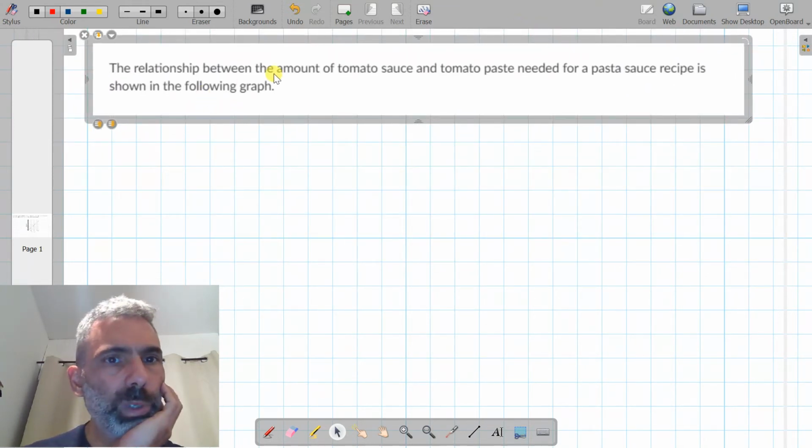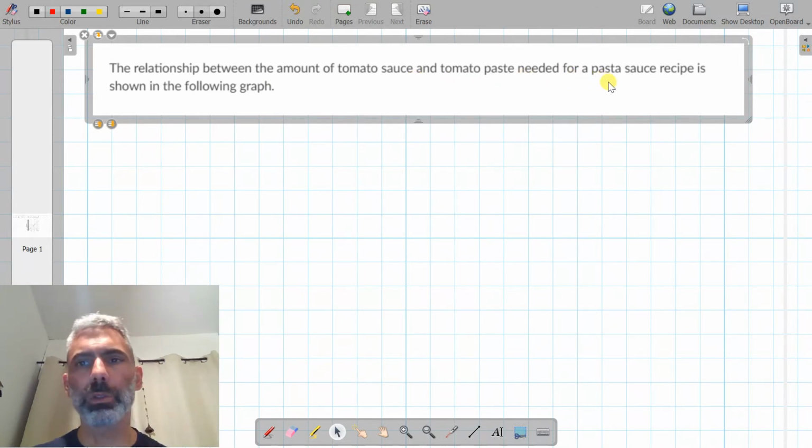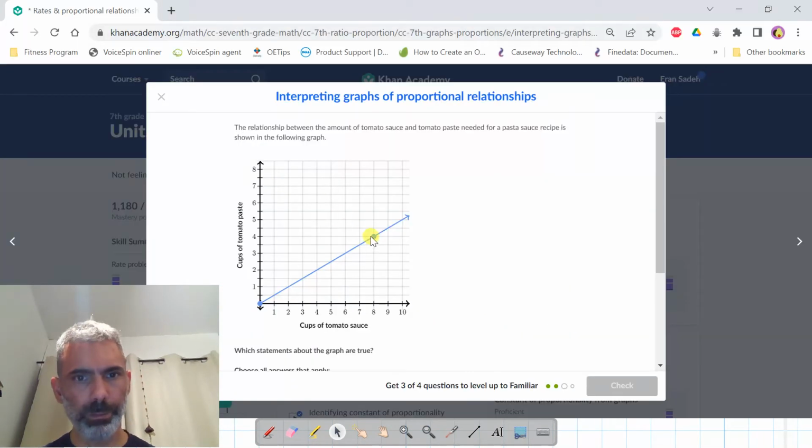The relationship between the amount of tomato sauce and tomato paste needed for a pasta sauce recipe is shown in the following graph.